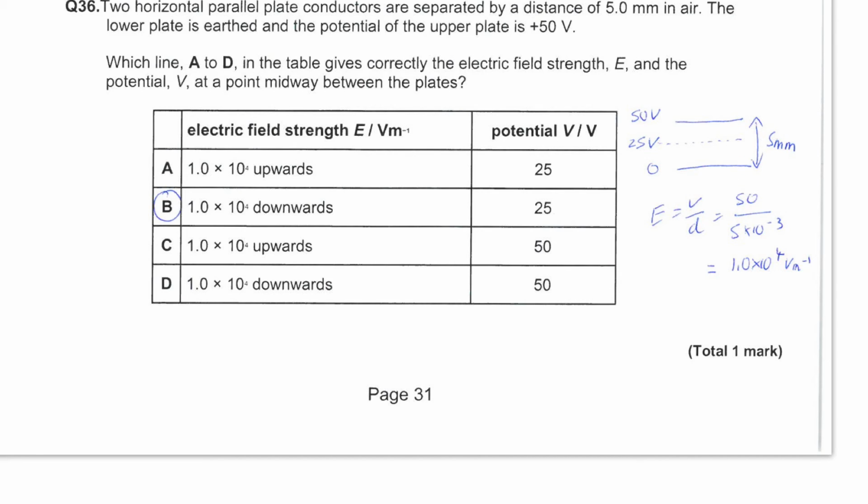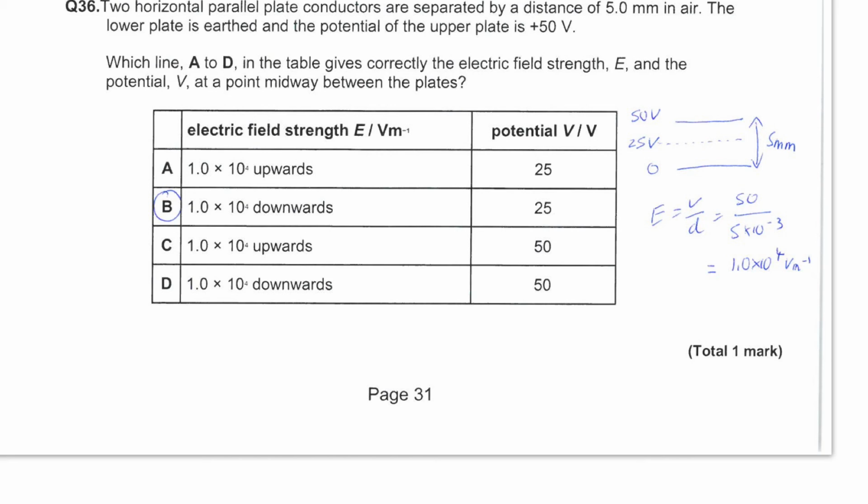Now, for parallel plates, the electric field strength is given by the potential difference divided by their separation. This would be a uniform electric field, so there is one value for the electric field strength, no matter where a point would be between the two plates.